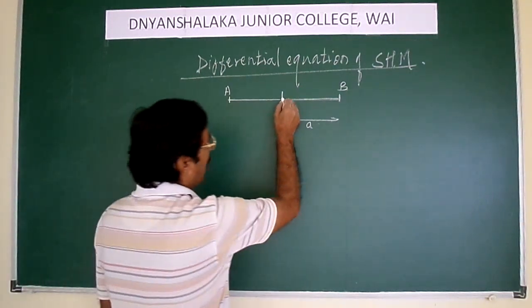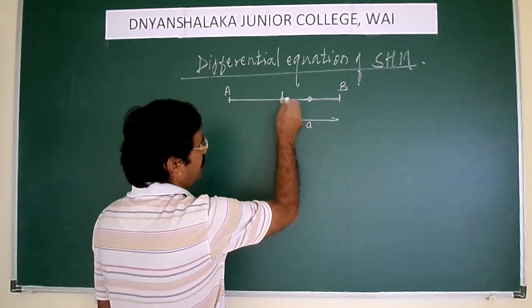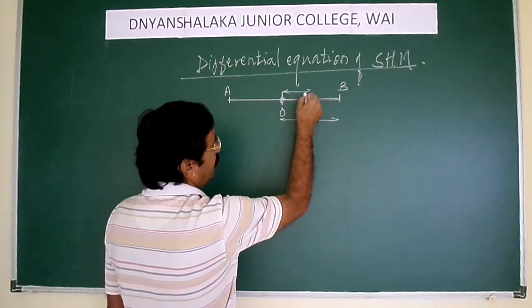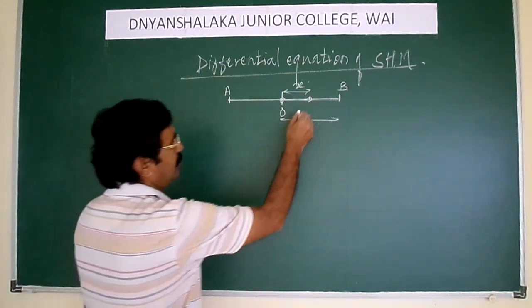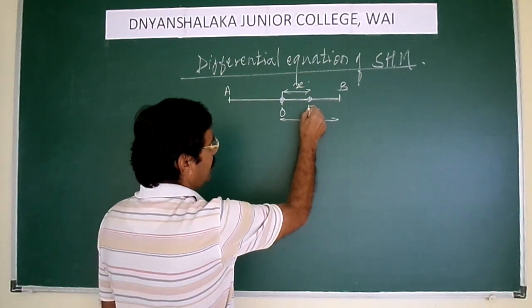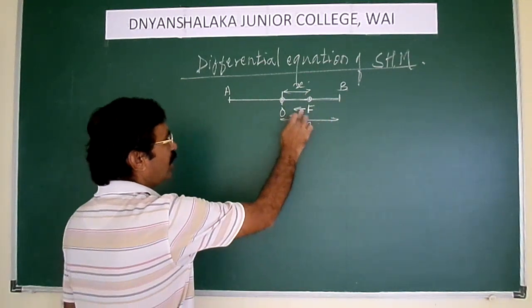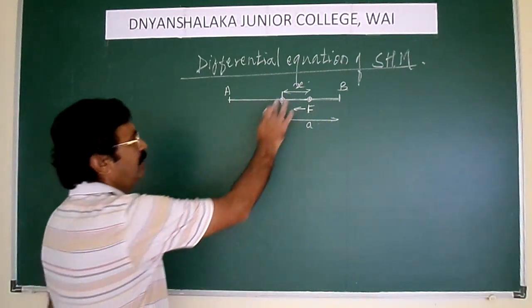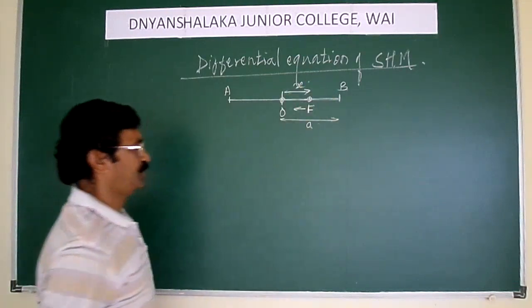As the particle gets displaced from the mean position by a distance x, a force acts on the particle. As the force is a restoring force, it will be directed toward the center when the displacement is away from the mean position.